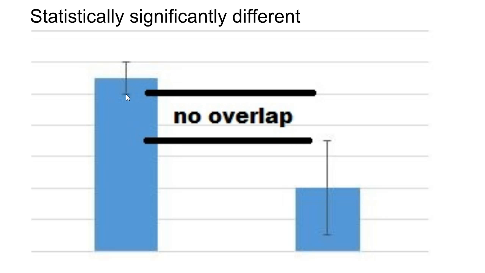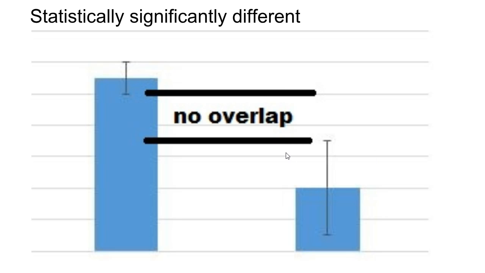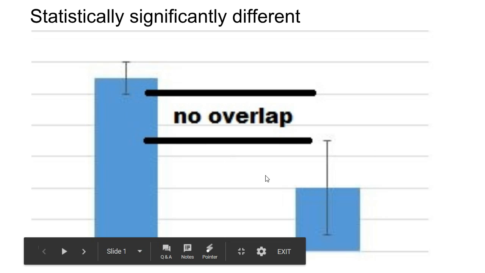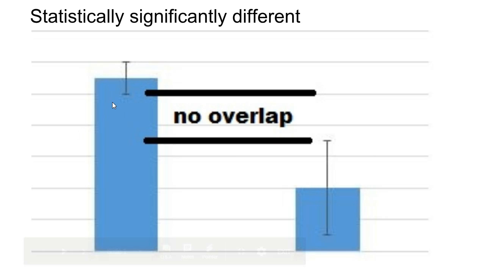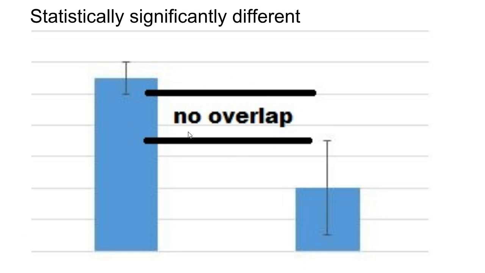Same way, if I look at the minimum standard deviation of this data set and go across, it does not overlap the standard deviation of this data set at all. This data is really different. This bar is low, this bar is high. In fact, this data is so different because there's no overlap that the data is statistically significantly different.